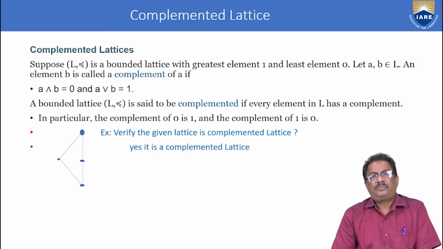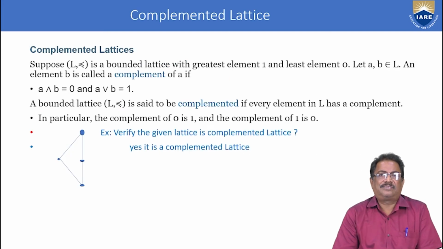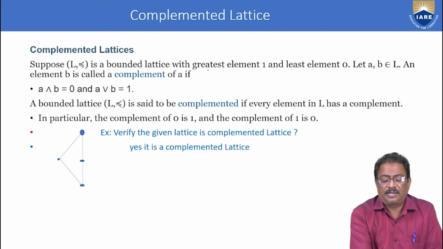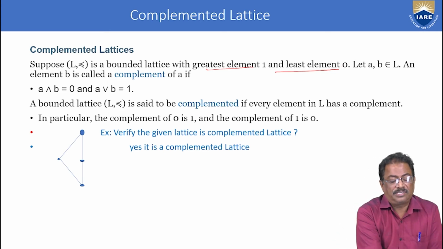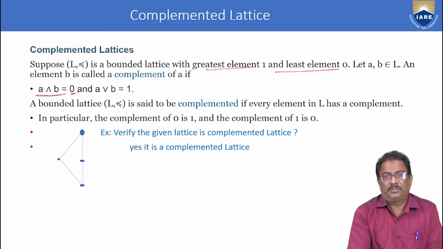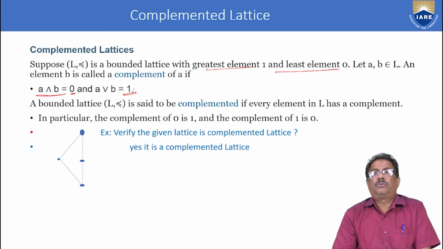Now, another type of lattice is the complemented lattice. A lattice is said to be complemented if, first of all, it is a bounded lattice, meaning a greatest and a least element exist. And for any two elements I consider, the greatest lower bound should be 0, that is the least element, and the least upper bound should be equal to 1.